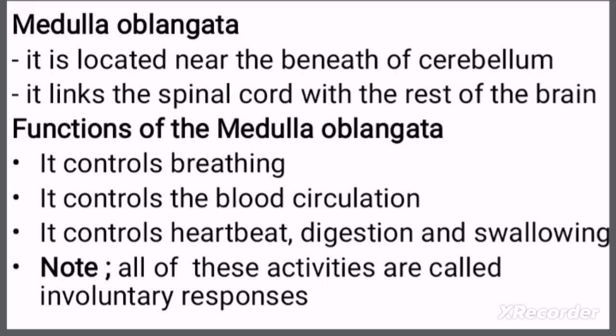So the functions of the medulla oblongata, mainly we have: it controls breathing. That is the first one. Two, it controls the blood circulation. Then it also controls heartbeat, digestion, and swallowing. So all these activities are called involuntary responses.